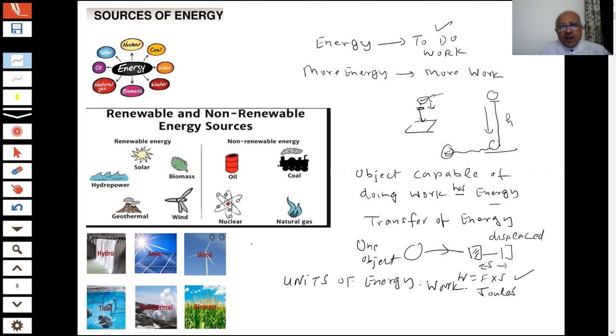If you want to do 1 joule of work, then at least you will need 1 joule of energy, students. And sometimes we use kilojoules. Kilojoule is 1000 joules, or it is written as 10 power 3 joules. Kilo means 10 power 3.